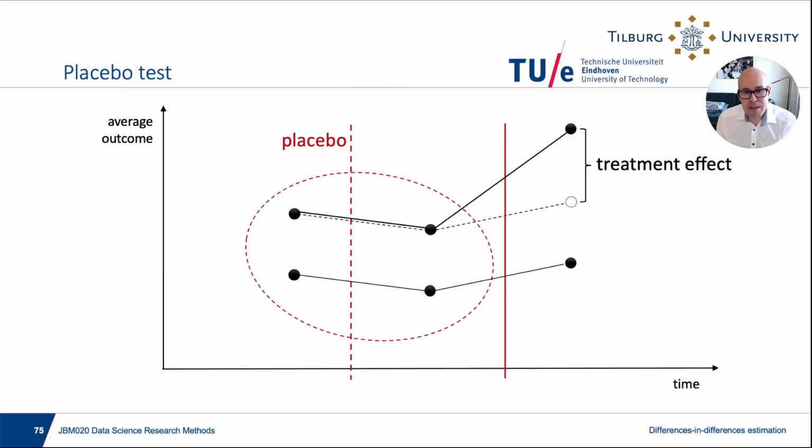Again, in terms of a figure, what we now have is 2 more data points. I have time on the horizontal axis and the average outcome on the vertical axis. The data points I had before were these 4, and now I have 2 additional data points.